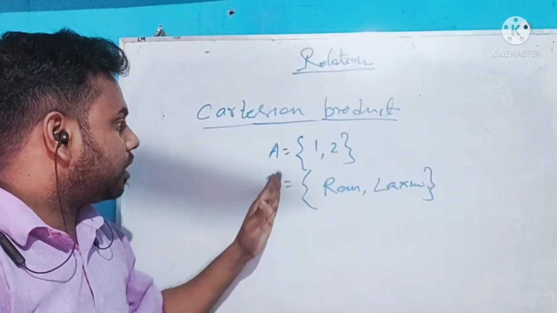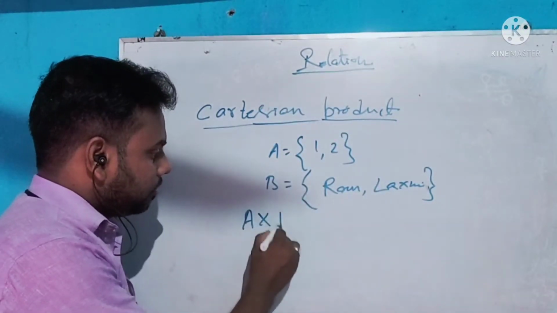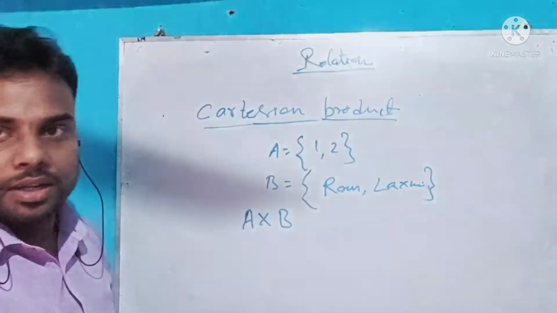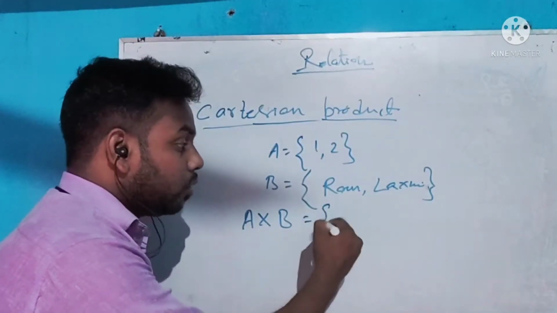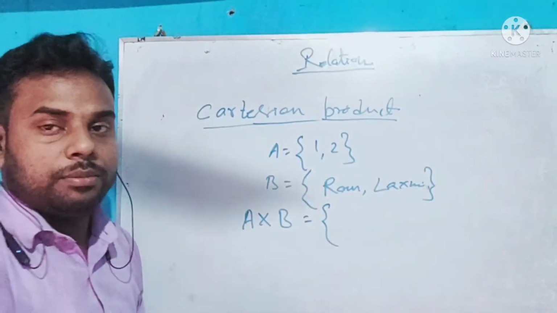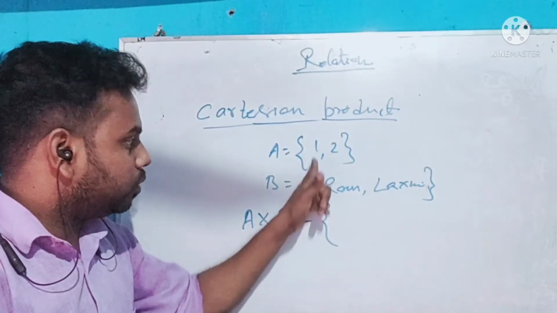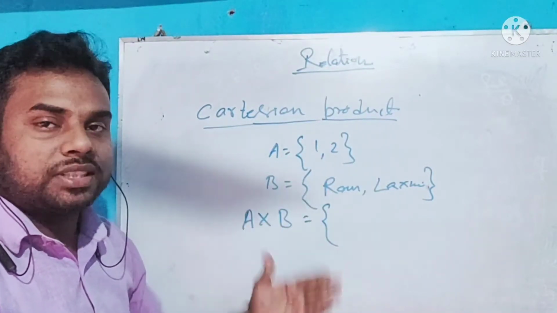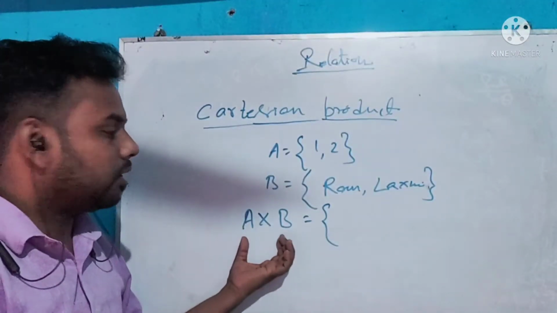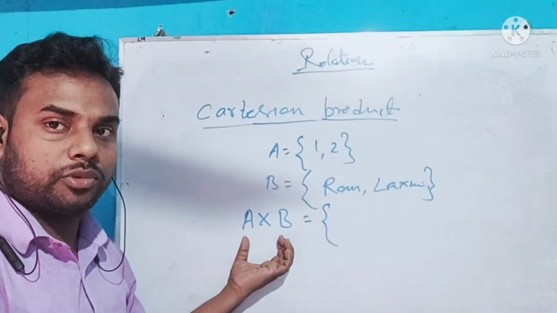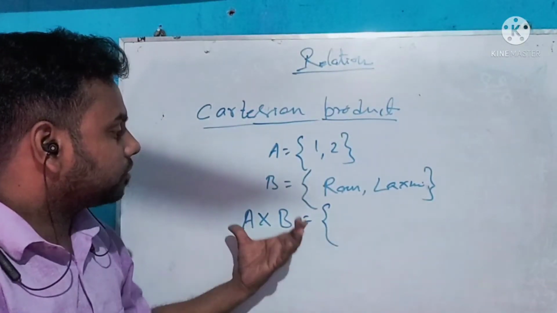The product of two sets is called the Cartesian product, and it is represented as A Cartesian product B. A cross B contains those elements that make an ordered pair from these two sets. That is, all possible ordered pairs from these two sets are the elements of the set A cross B. So let us write all the possible ordered pairs.